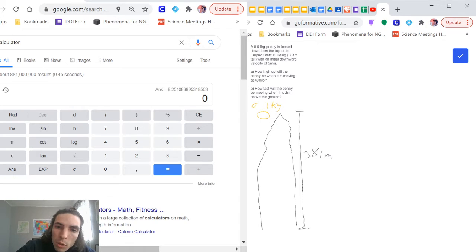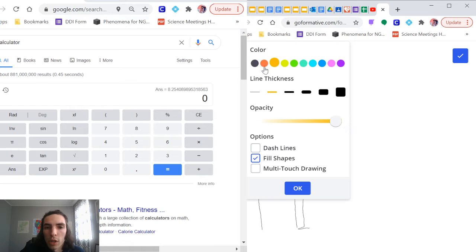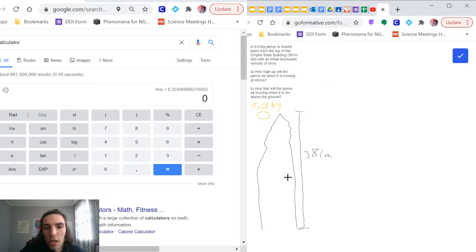The reason that I'm doing this is because when we start working with relatively complex systems, and this problem doesn't necessarily represent a terribly complex event, it's a good habit to get into to create these diagrams, not only for ourselves, but also when we're working in teams or as professional engineers and scientists.